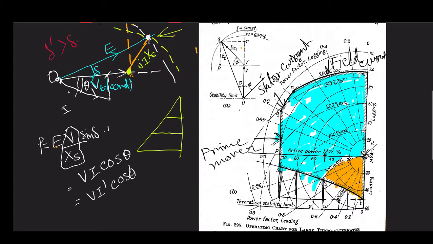So here you can get it, who limits you from extending it totally downward, rather you stopped at S. This side is due to your stability limit.